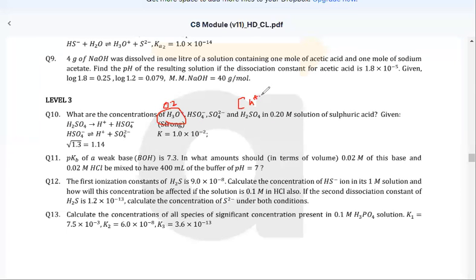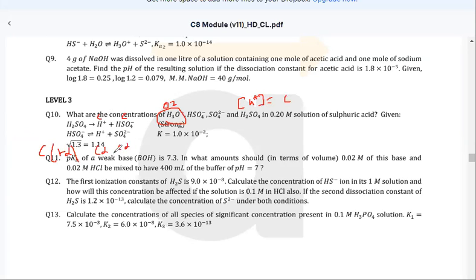Concentration of H plus is equal to what? Tell me, everyone. It will be C, because it will break down into equal components. So C bracket 1 minus alpha, C alpha, C alpha.